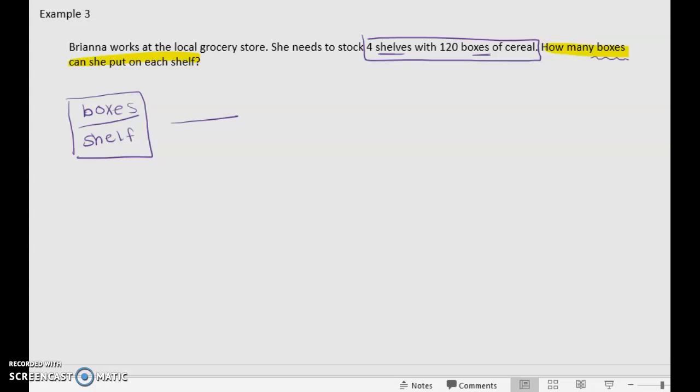Now we'll plug in the numbers. Boxes is on top. There's 120 boxes and 4 shelves. We're going to divide. 120 divided by 4 is going to give us 30. 30 what? Boxes per shelf.